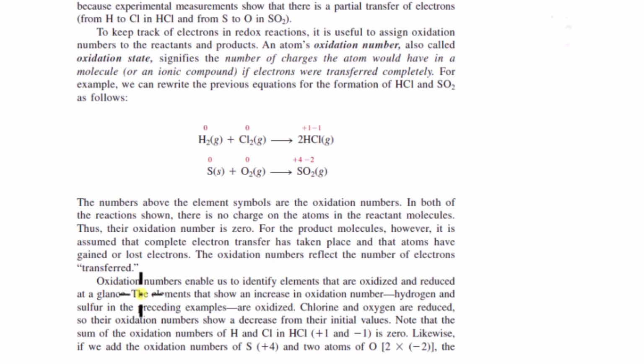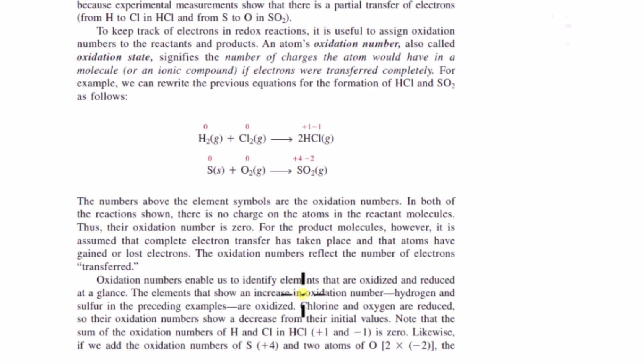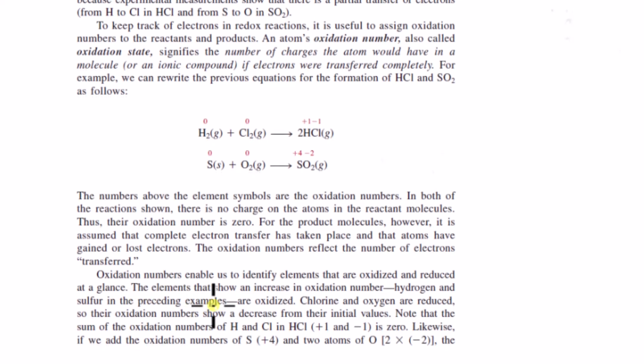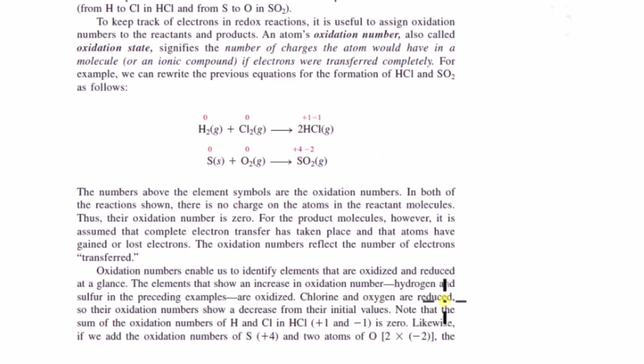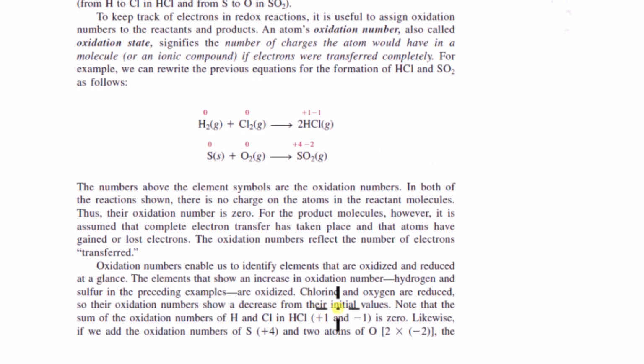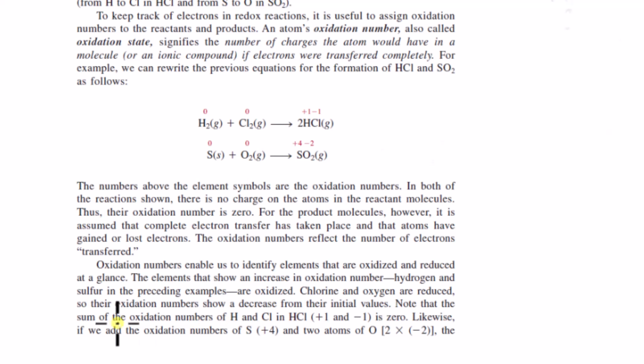Okay, oxidation numbers enable us to identify elements that are oxidized and reduced at a glance. The elements that show an increase in oxidation number, hydrogen and sulfur in the preceding examples, are oxidized. Chlorine and oxygen are reduced, so their oxidation numbers show a decrease from their initial values.